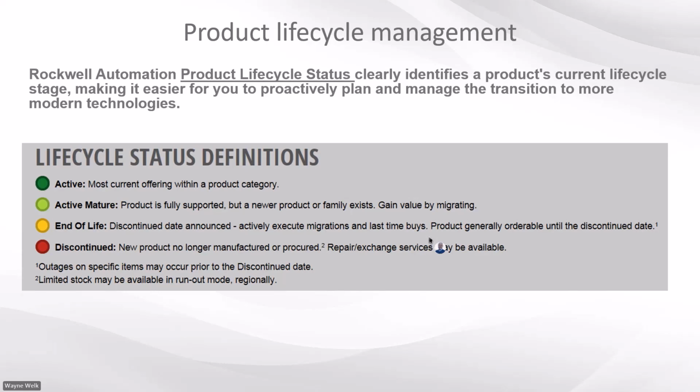They have a color code of whether it's active, mature, end of life, or discontinued. All the products are associated with this type of pull down menu. So this web page is a good place to get started to see if your equipment's moldy and we need to put some attention into it to see what we need to do to migrate it down the road. Again, just search for Rockwell and Lifecycle, and you'll get to that web page.